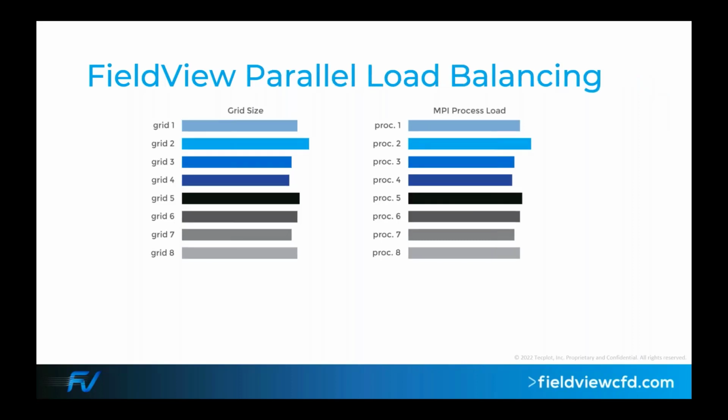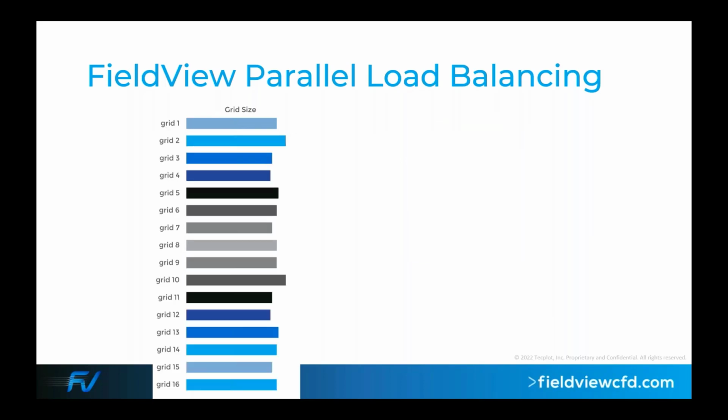So then what's going to determine the speedups we can get thanks to parallelization is really the longest process, the MPI process that has the largest number of nodes to work on. And that tells me that in this case, again an ideal case, I have a longest process that is about the same size as the shortest process. And so that's very good load balancing. I'm going to get a really good parallel speedup.